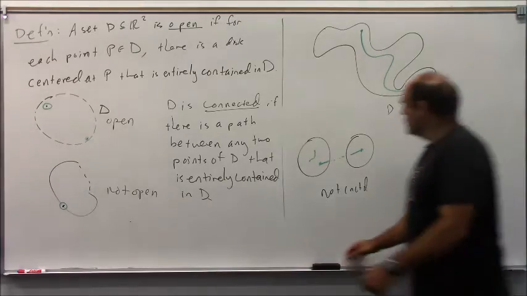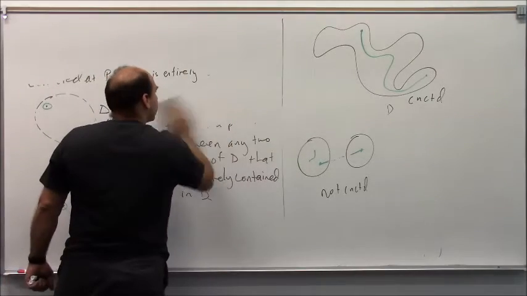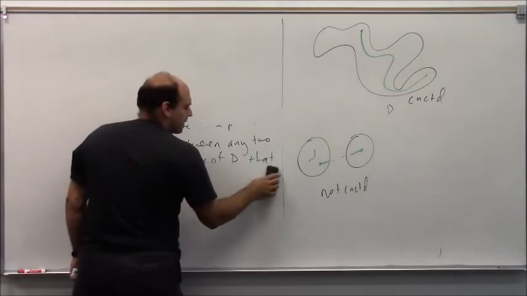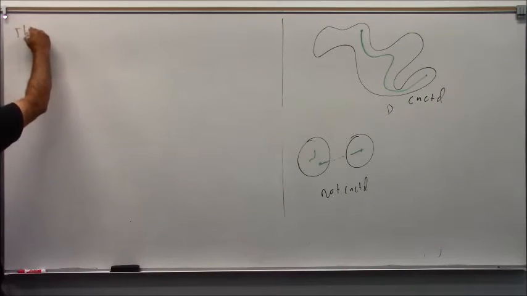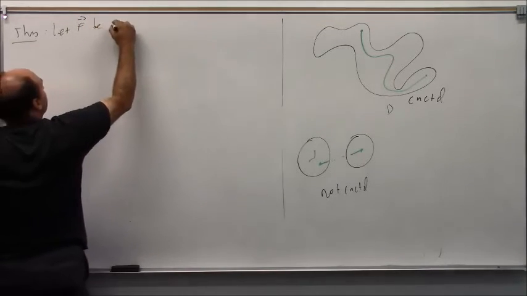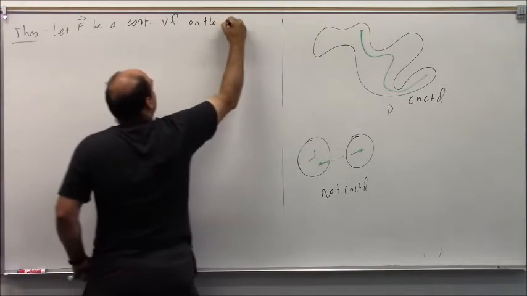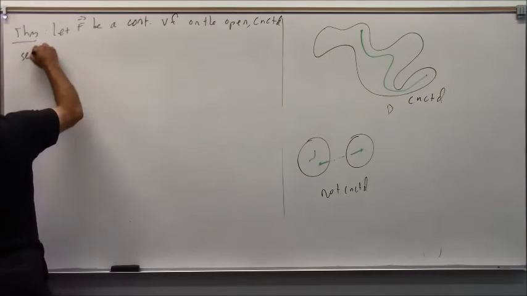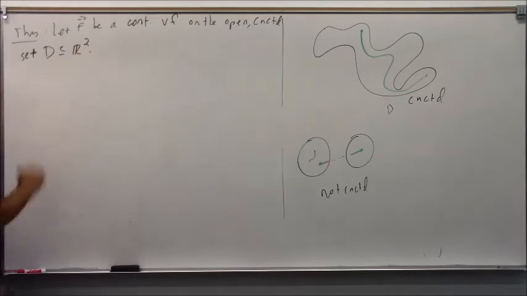Now those turn out to be important for this next theorem. If we have a set that is both open and connected, then we can make some nice conclusions if we have the right sorts of functions to start with. So here's the theorem. Let F be a continuous vector field on the open connected set D, and I'm going to put that in R2 for now.